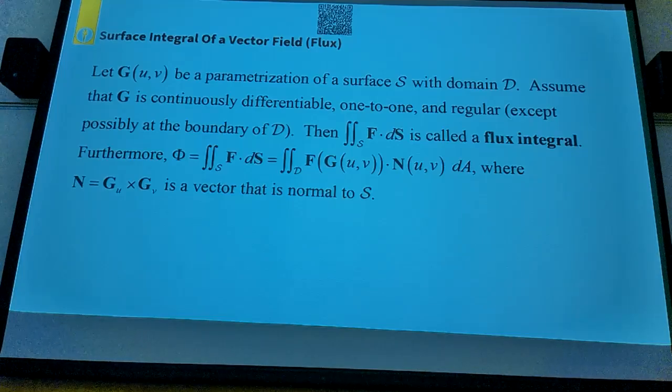Evaluating flux, you're integrating over the domain.